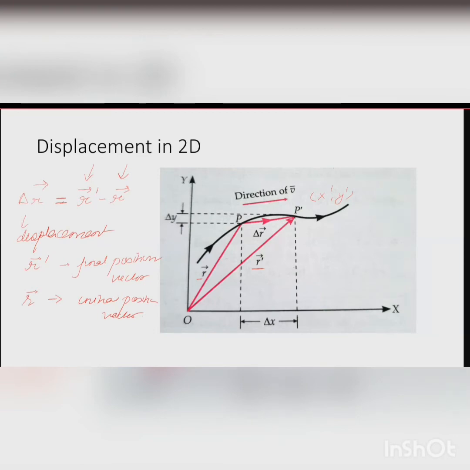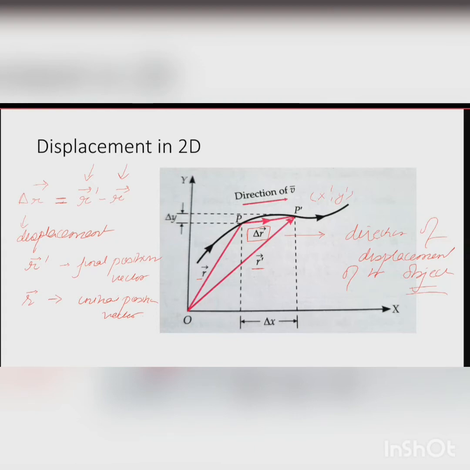This vector also points in the direction of the net displacement. If you look at the direction of delta r, that gives you the direction of displacement of the object. So net displacement is along the delta r vector.